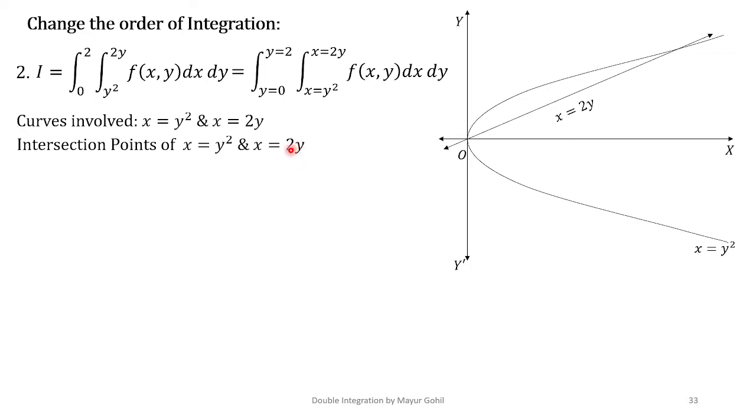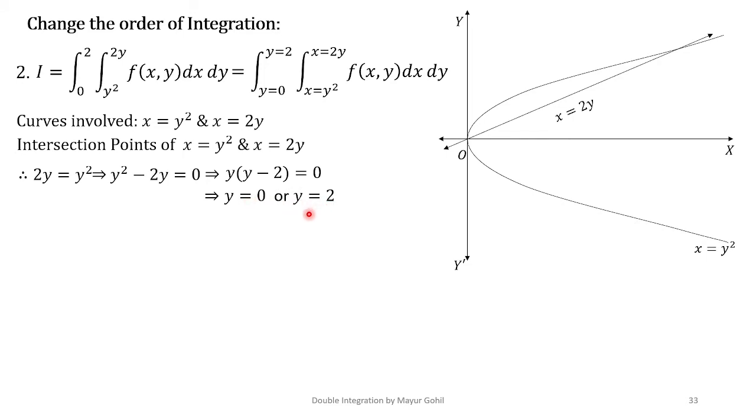Okay, so let us see how to go for it. So when I substitute x equals y square in the other equation, x equals 2y, I get 2y equals y square. Now it's a quadratic. This quadratic gets solved here as y times y minus 2 equals 0. So you get y equals 0 or y equals 2.